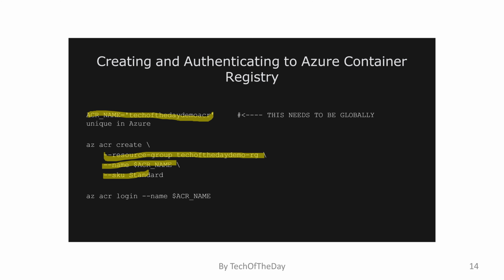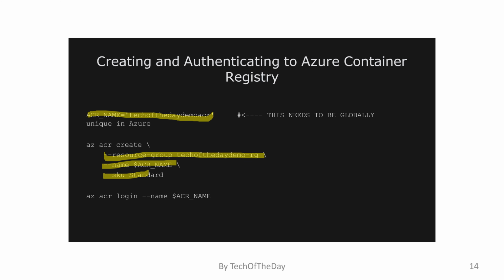Now to log into the container registry that we just deployed, we can use az acr login and then specify the name parameter and then the ACR name itself. And again, I'm using the environment variable here. So this will log you in with your current Azure CLI credentials. In your current session, we will have administrative access to the container registry since you just created it.